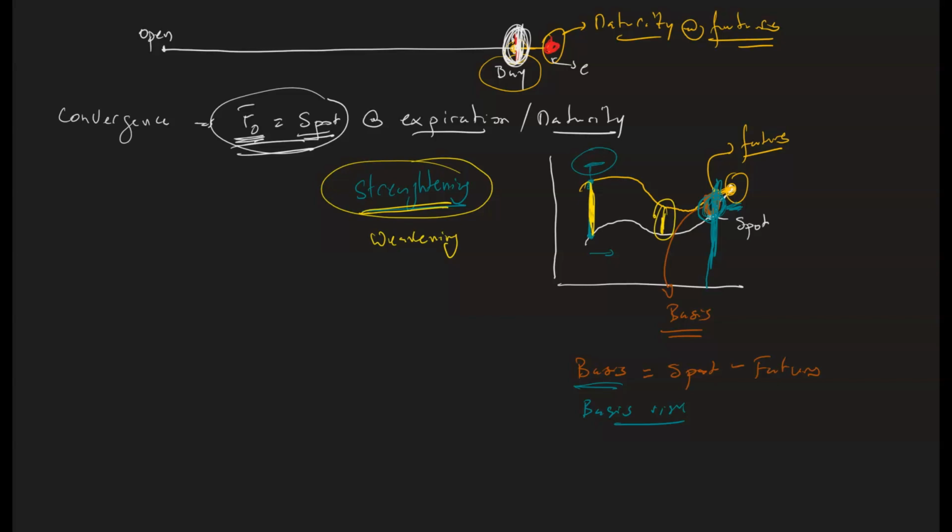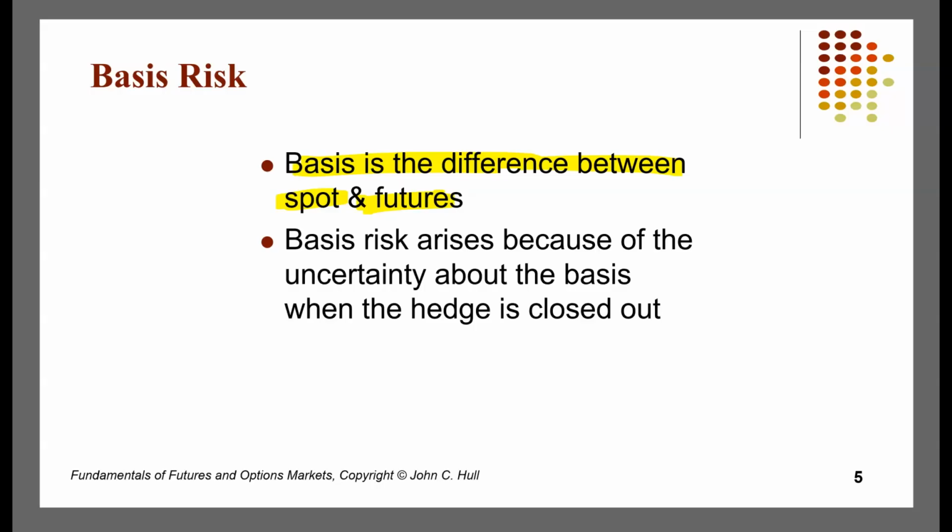And the uncertainty associated with basis is what we refer to as basis risk. So here, basis risk arises because of the uncertainty about the basis when the hedge is about to be closed out. As soon as we're ready to close out, we are going to have to find what is the futures price at that point where we're closing out.